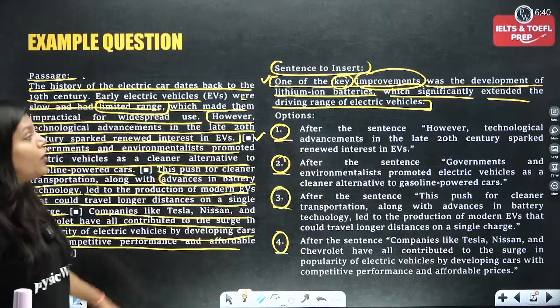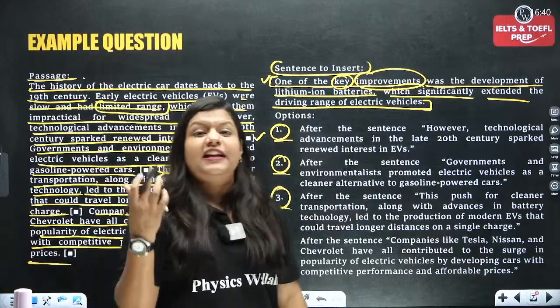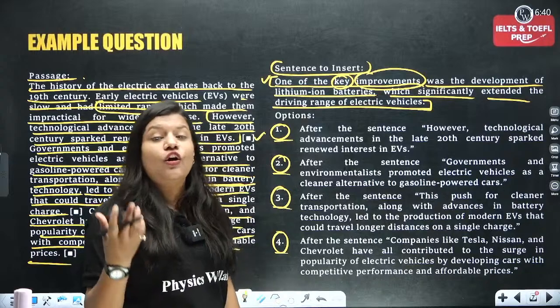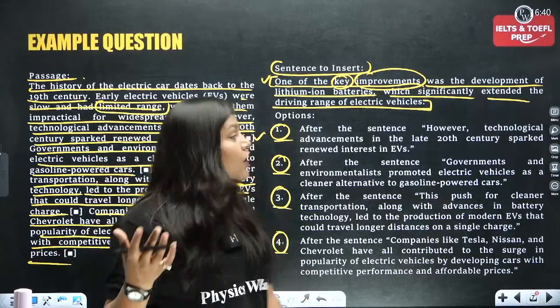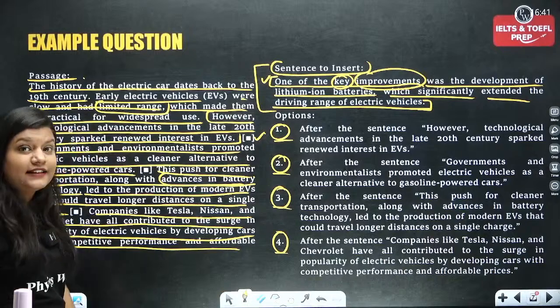Okay, so because of the improvement in the batteries, it increased the potential of electric vehicle driving. Okay, so how and when and where can we see this information?